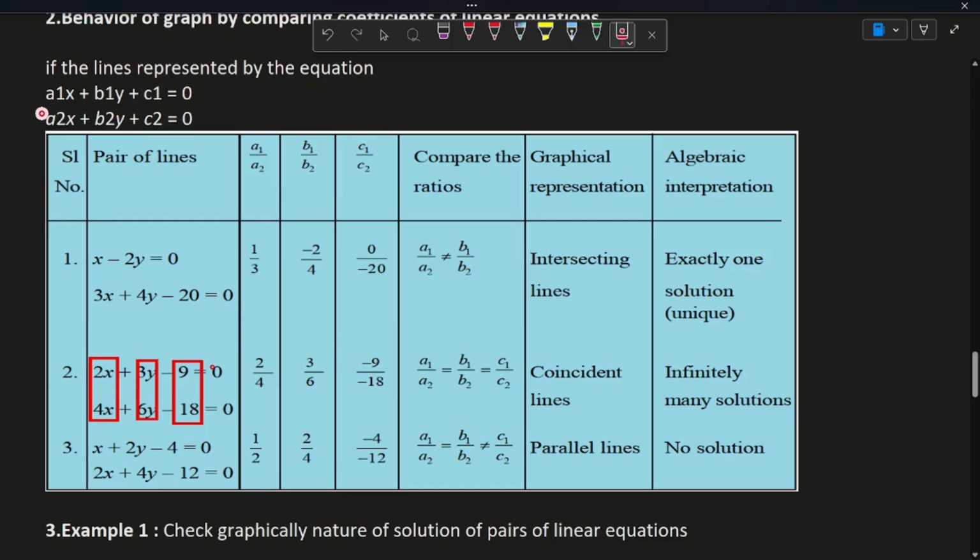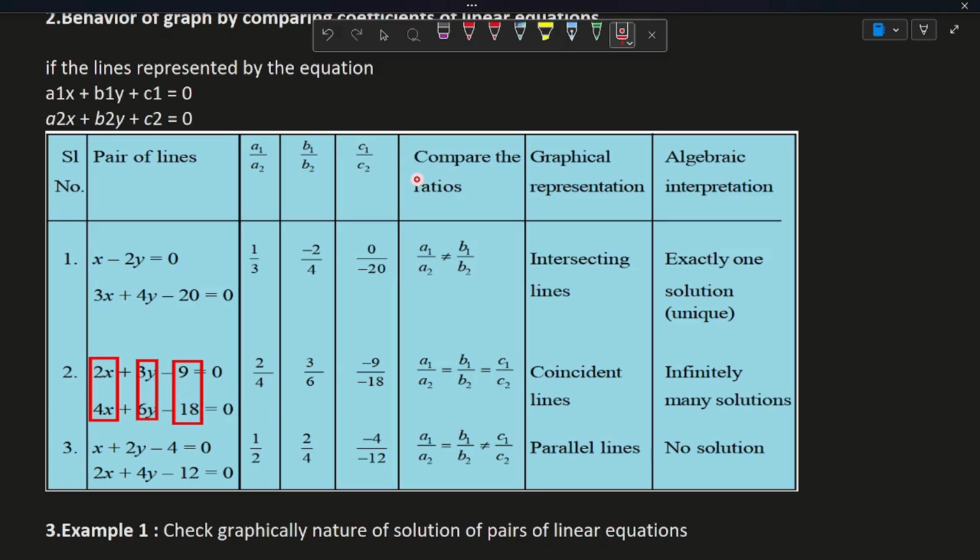So compare this with this linear equation. For example, these two are two different linear equations. This is a1, this is a2, this is b1, this is b2, this is c1, this is c2. I am comparing this pair of linear equations with the general expression. So a1, a2, b1, b2, c1, c2.